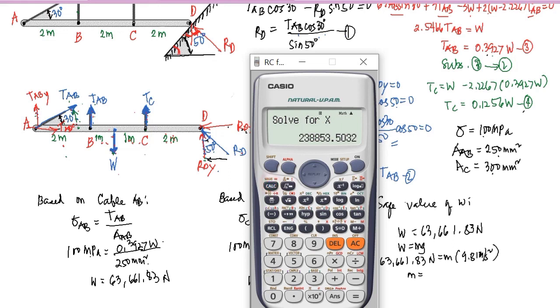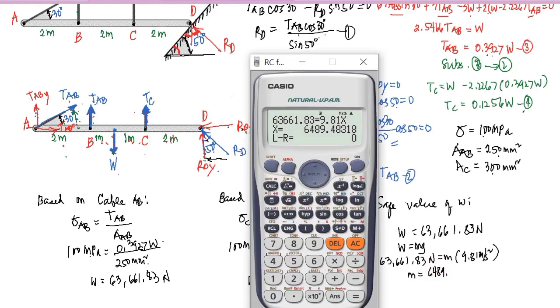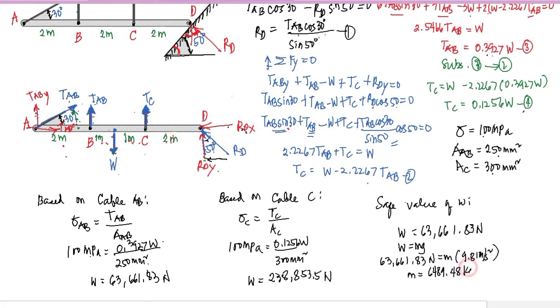Shift solve equals, and that's 6,489.48 kilogram. Now if we are going to express this in megagram, we will just divide this by 1000, and that would give us 6.49 megagram. And this is our answer.